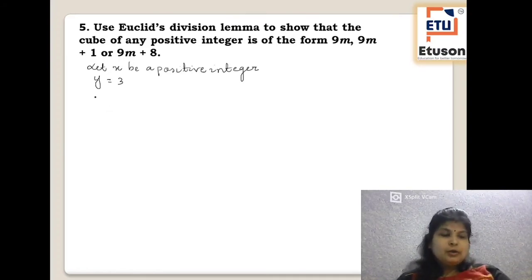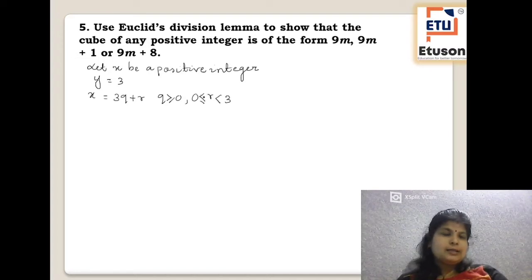So now if I write in the form of Euclid division lemma, what will I write? x is equal to 3q plus r, where q is greater than or equal to 0 and r lies between 0 and 3.